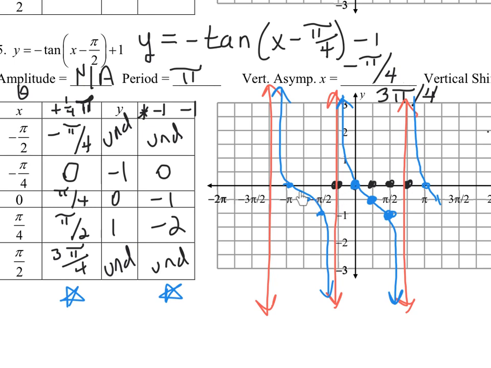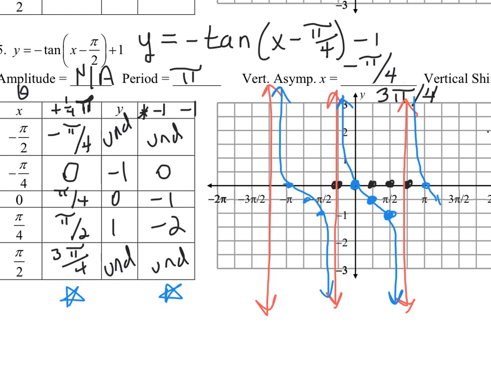Then I came over here to my horizontal axis and I put those dots in. This one's at negative pi over 4. This one's at 0, pi over 4, pi over 2, and 3 pi over 4. So instead of having my x-axis broken up into halves, it's now broken up into quarters. So you need to make sure that you put these points in their correct spot.